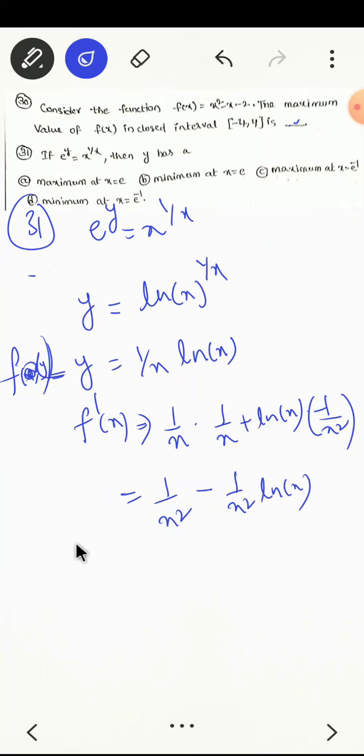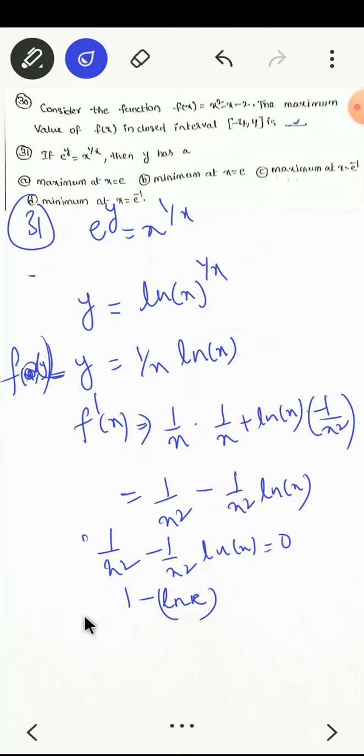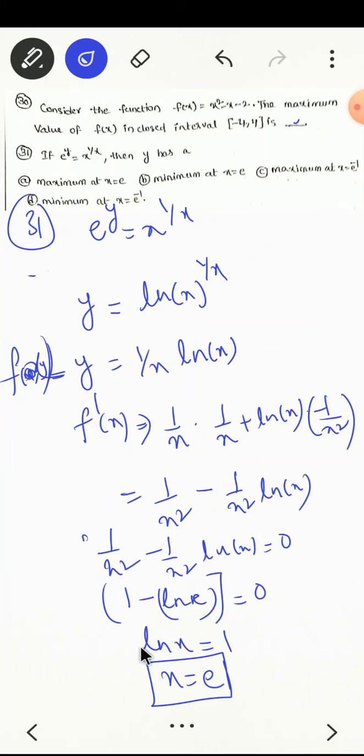Then this equation we should equate to 0. 1 by x square minus 1 by x square ln of x equal to 0. So I will get 1 minus ln of x, because 1 by x square I will take common and send that side, that will become 0. So I will get ln of x equal to 1, x equal to e raised to power 1, that is x equal to e.